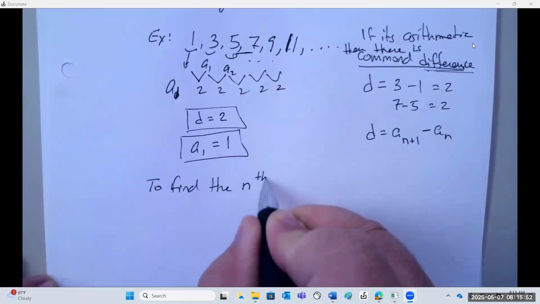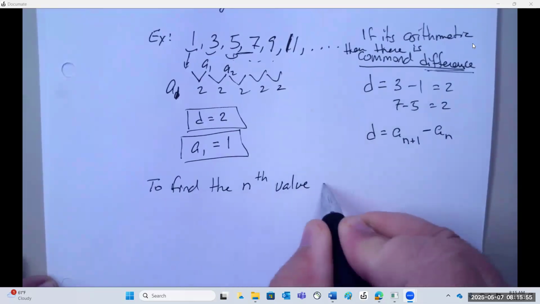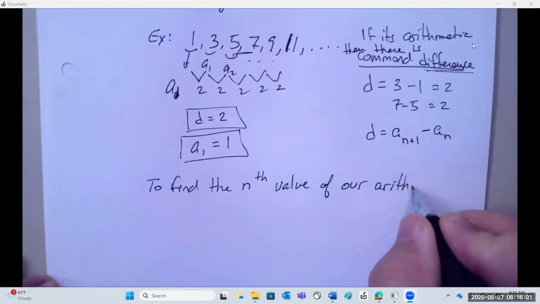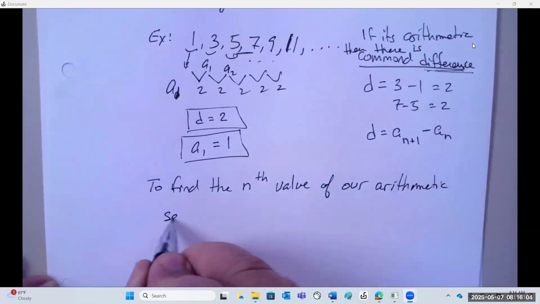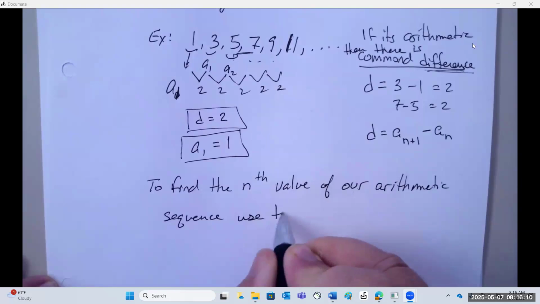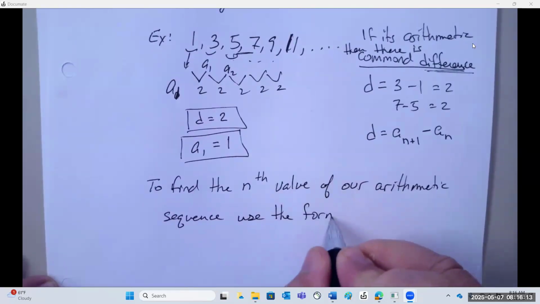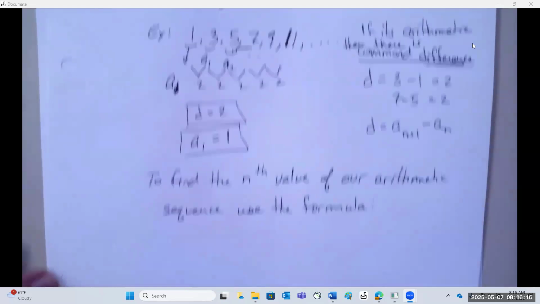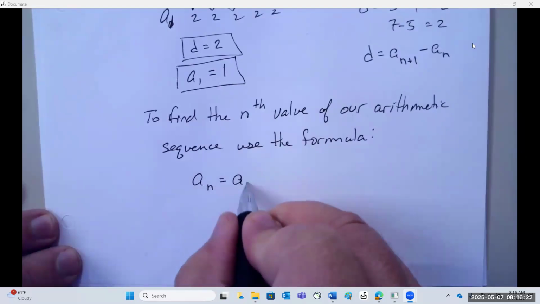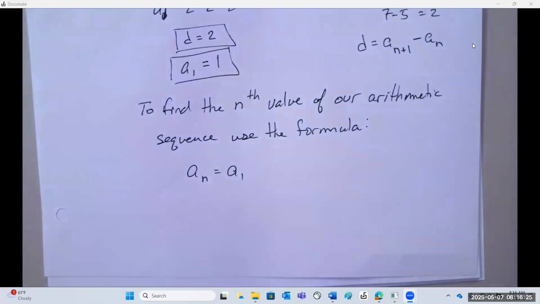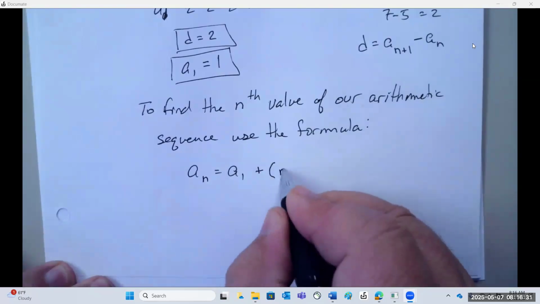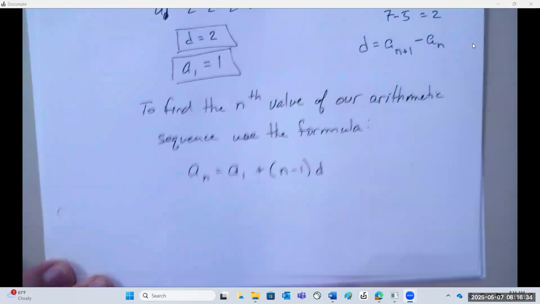To find the nth value of our arithmetic sequence, we use the formula: start with the beginning one, plus n minus 1 times d.